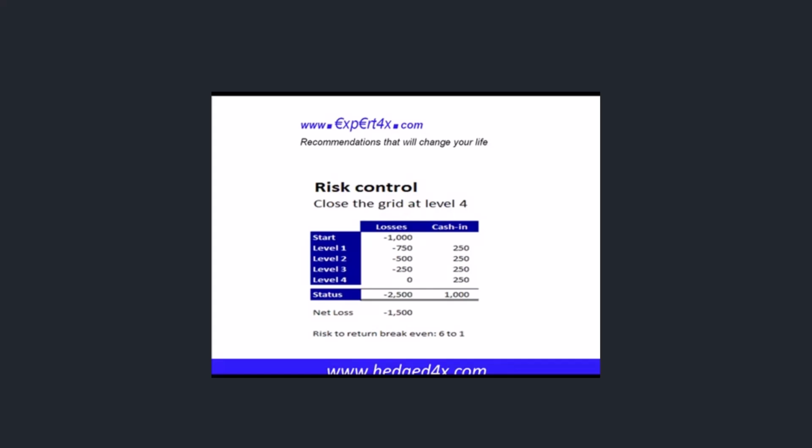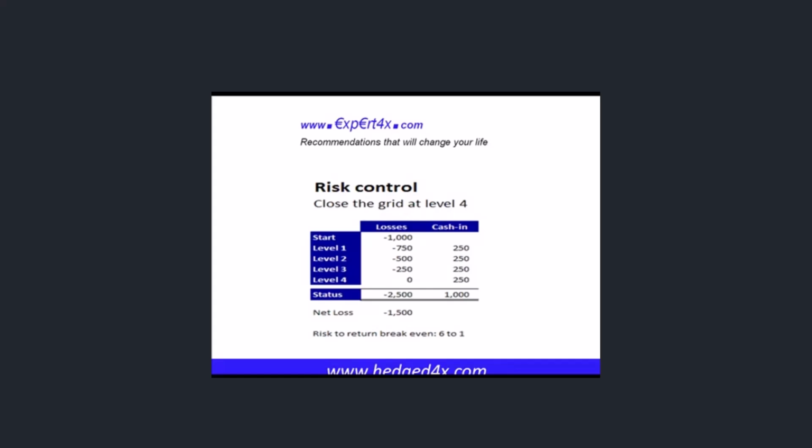But if you add them all together, that's a minus of 2,500 pips. However, along the way you will have cashed in. So you will have cashed in 1 leg, 2 legs, 3 legs, 4 legs, and minus 2,500 plus 1,000 gives you minus 1,500.